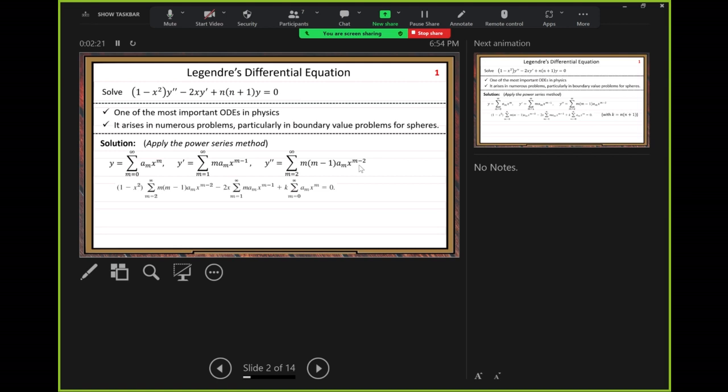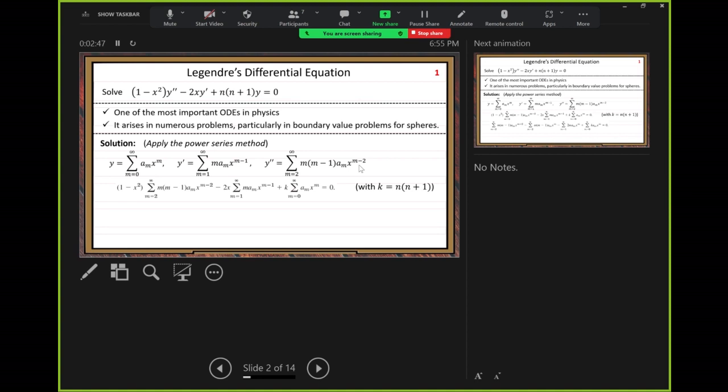And one thing, we use K to represent n times n plus 1, because it's a constant number. So we use K to shorten the expression.